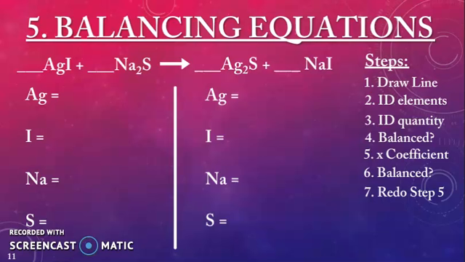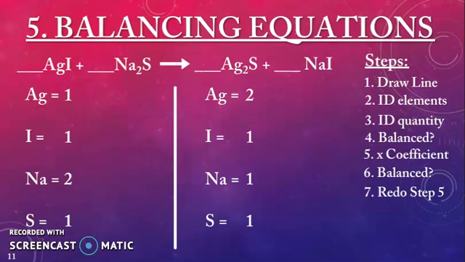So we have 4 elements here, Ag silver, I iodine, Na sodium, and S for sulfur. We're going to put that on both sides. Going to count each one, so I have 1 for silver, 1 for iodine, 2 for sodium, and 1 for sulfur. And on the product side, I have 2 silvers, 1 iodine, 1 sodium, and 1 sulfur.